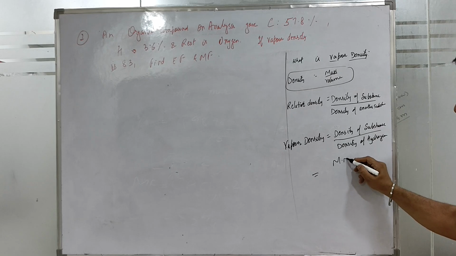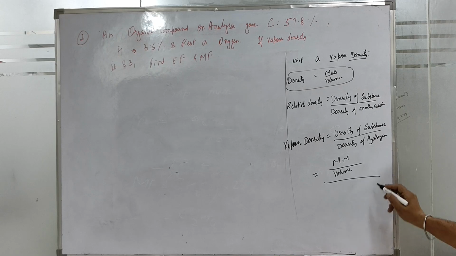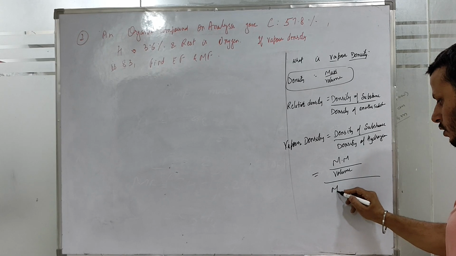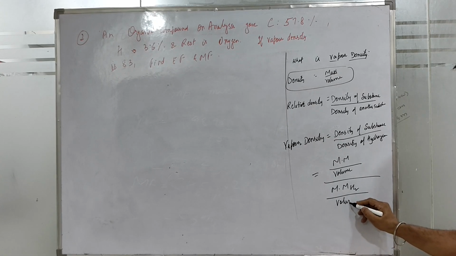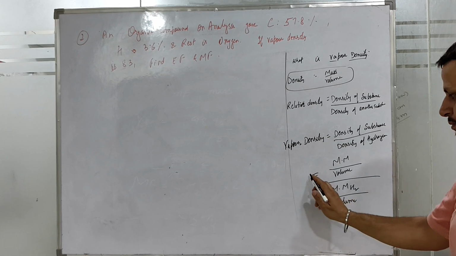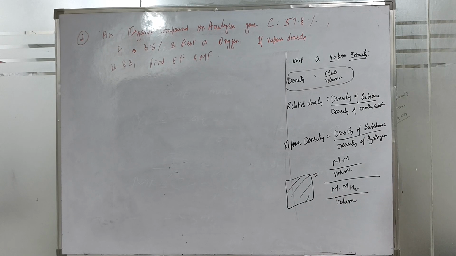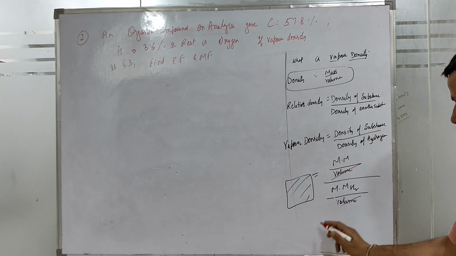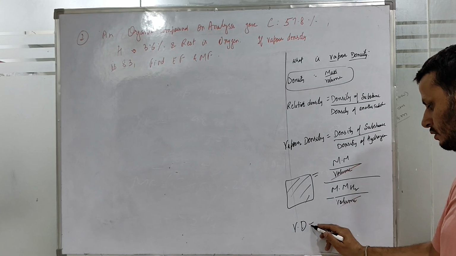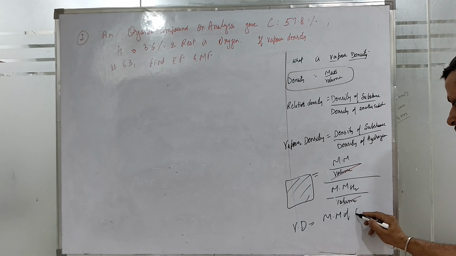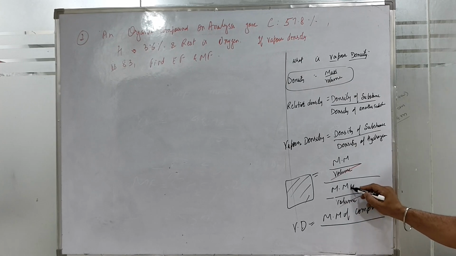So molecular mass of the substance divided by its volume, and divided by molecular mass of H2 divided by the volume. तो जब वेपर डेंसिटी निकालते हैं तो कंटेनर इज सेम, कि वॉल्यूम इज सेम इन केस ऑफ द बोथ. सो वी आर लेफ्ट विथ कि वेपर डेंसिटी इज इक्वल टू मॉलिक्यूलर मास ऑफ सब्सटेंस या कंपाउंड डिवाइडेड बाय मॉलिक्यूलर मास ऑफ हाइड्रोजन.